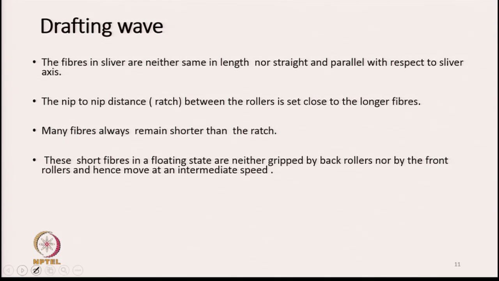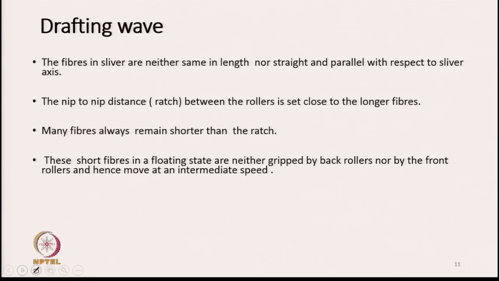The next interesting part is the drafting wave. The fibers in sliver are neither of same length nor straight and parallel with respect to sliver axis. This we have to know: the fibers in a sliver are not all of the same length. There are short fibers, long fibers, medium length fibers, everything gets mixed.